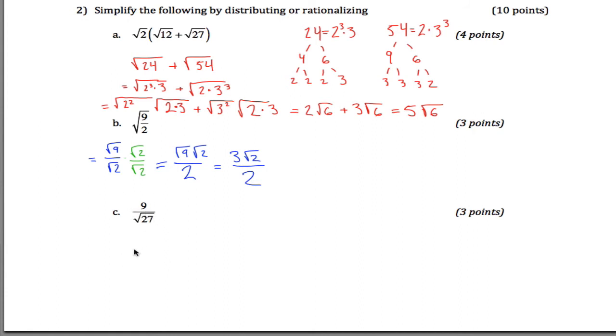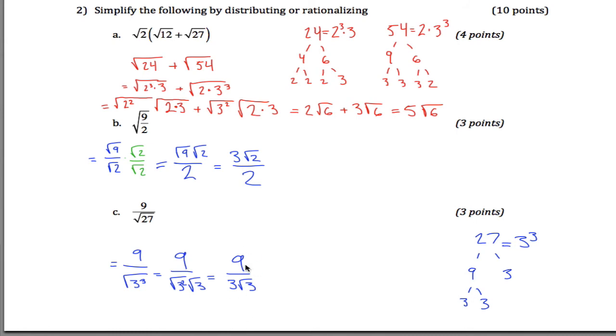You got a couple of options. You could multiply the numerator and the denominator by the square root of 27. The downside to doing that is you're going to get some really big numbers. An easier way to do it is to first simplify 27, or specifically the square root of 27. 27 is 3 cubed, so what that means is that the square root of 27 is really just 3 root 3.